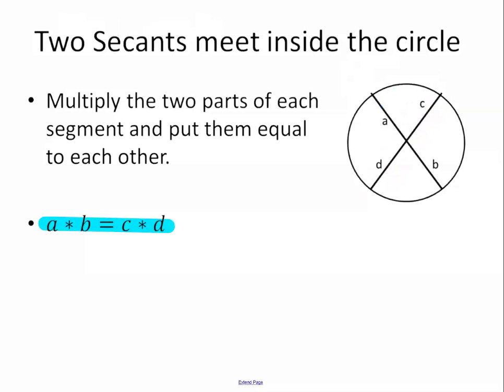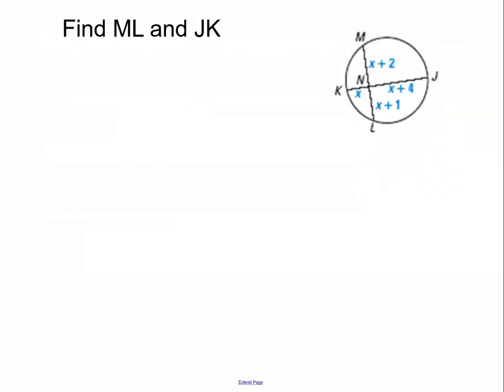And going back to this formula for just a second, because we're multiplying, it doesn't matter which part you make the A and the B and which part you make the C and the D. The only thing that does matter is that the A and the B have to be parts of the same chord, and the C and the D have to be the two parts of the same chord.